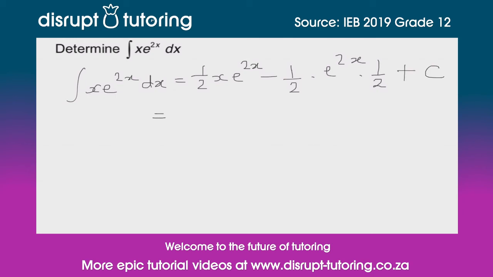So that tidies up to half x e to the 2x minus a quarter e to the 2x plus c.